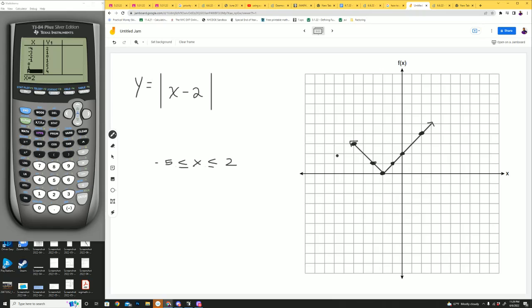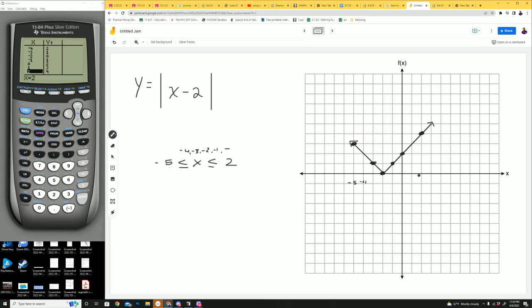What this means is that they only want me to graph when x is negative 5, negative 4, negative 3, negative 2, negative 1, all the way to 2. So this is negative 5, this is negative 4, all the way to 2.